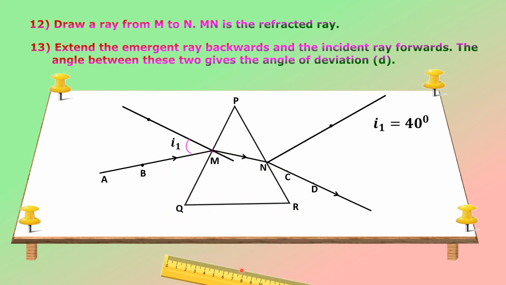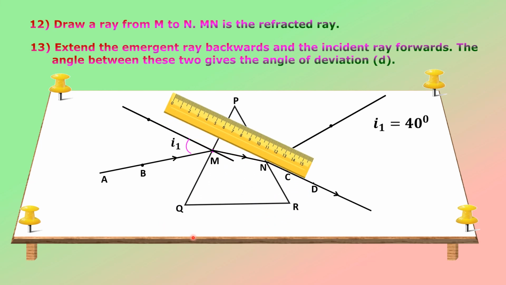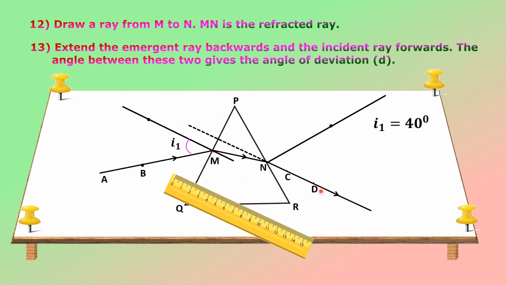Next I will extend the emergent ray backwards like this. In order to find that angle of deviation, we have to draw these two rays. So I have extended the emergent ray backwards, then I will extend the incident ray forwards.